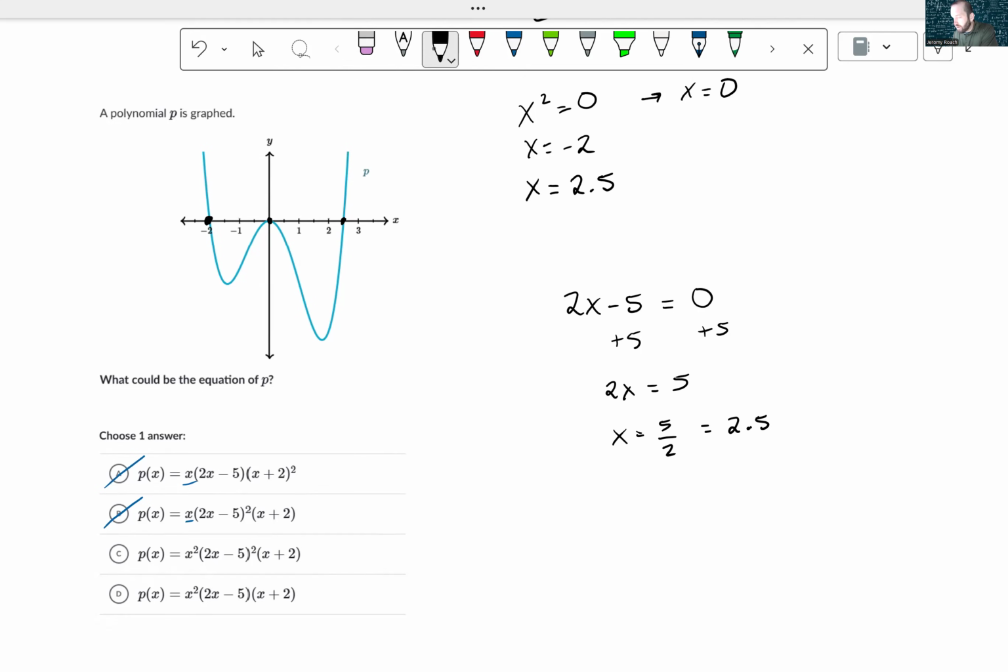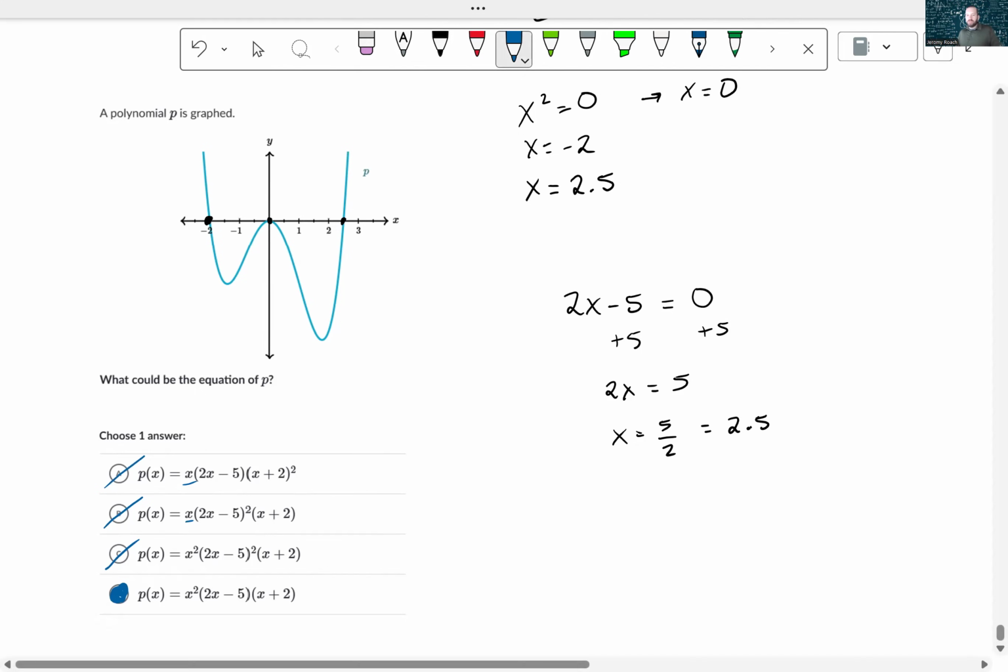X is 2.5. Because it's a quantity squared, that would mean that it's going to bounce off of 2.5 or go down this way. So it cannot be C either. It has to be D. So for some of these, you can just do process of elimination and figure out which ones have that property of bouncing off the x-axis and which ones do not.